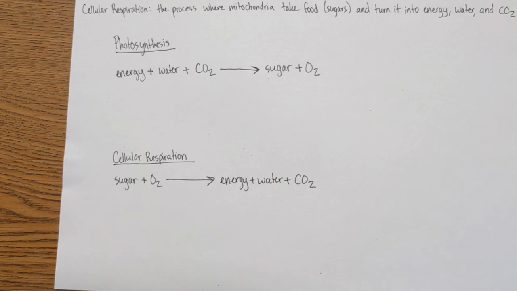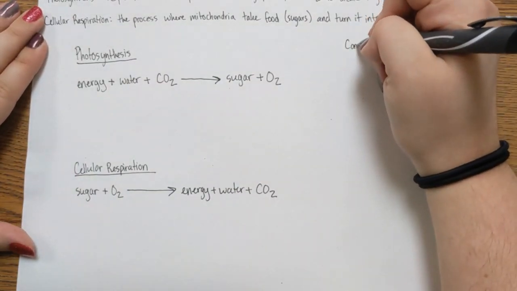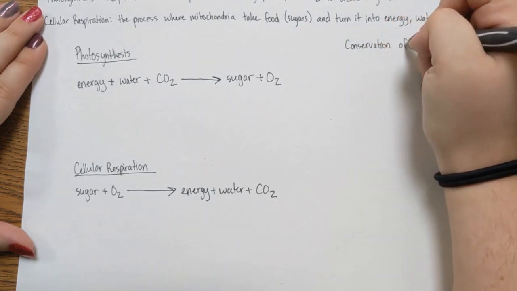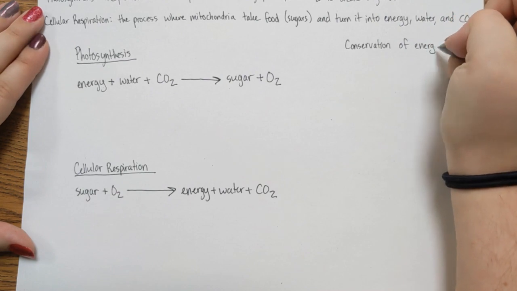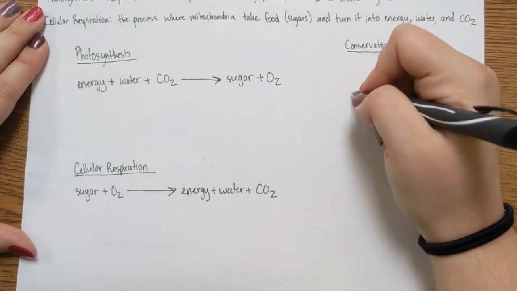Now, here is where we're going to get into the real nitty-gritty of photosynthesis, because there's another layer to this that is really important to talk about, and that is called the conservation of energy and the conservation of mass, okay? So, conservation of energy and the conservation of mass.